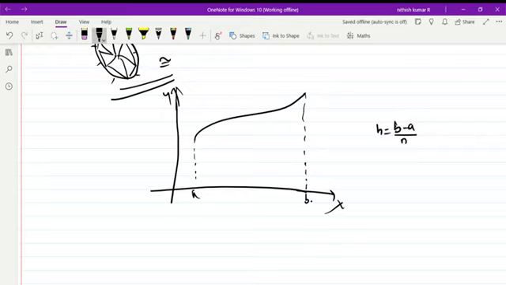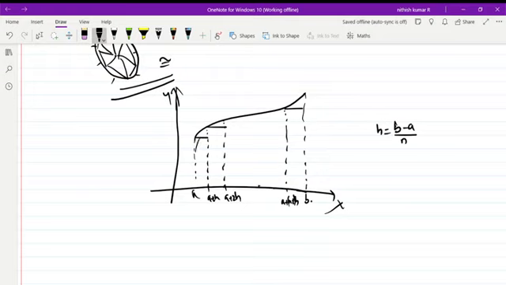Then there will be A plus h, A plus 2h, and so on. Now draw lower rectangles starting from f of A, as shown in this figure.